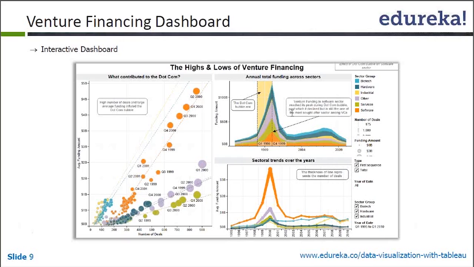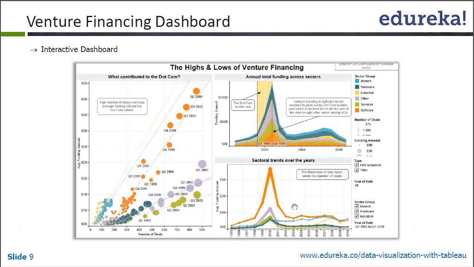What I'm trying to gain from this? Yes. Where to invest? That is a nice answer. What else? Yes, risk, high and low financing, right? ROI from startup, right? Which sector gets a lot of money, right?